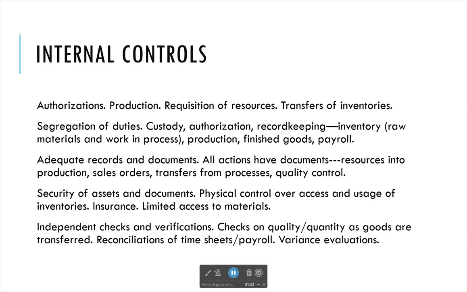So in all of our cycle, we always have these internal control activities. So by now you should have just memorized. There's authorization, segregation of duties, having documents, security of those documents, and security of the assets, and that you have independent checks and verifications going on within the cycle.